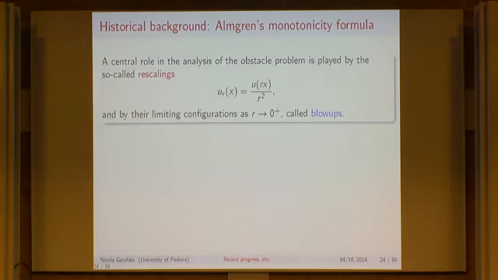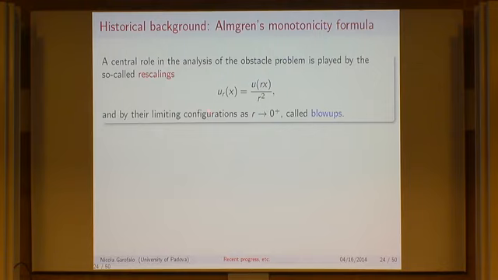Yes. So if you have looked at the classical obstacle problem, then you know that there is only one type of homogeneity, which is quadratic. So this quadratic rescaling is the thing that one looks at.